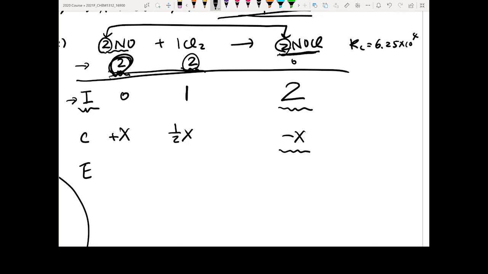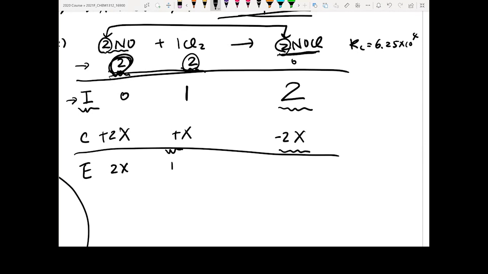But some people don't like having fractions in front of x, so they write minus 2x, plus x, and plus 2x. This is fine too. When you reach equilibrium, this will be 2x, this will be 1 plus x, and this will be 2 minus 2x. This will be the equilibrium concentration for your NO, Cl2, and NOCl.